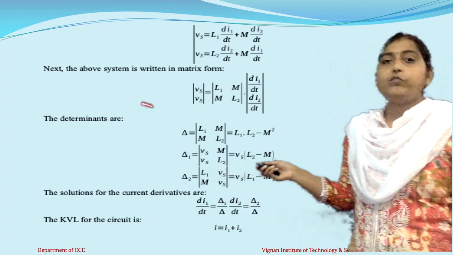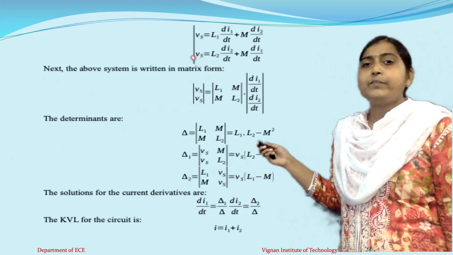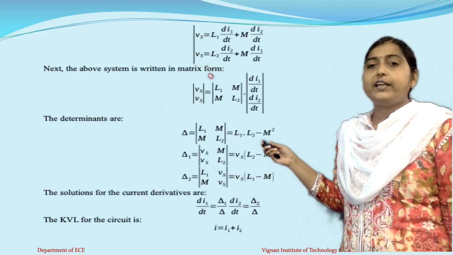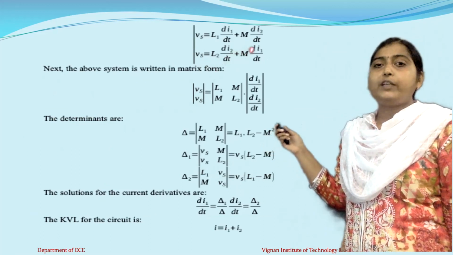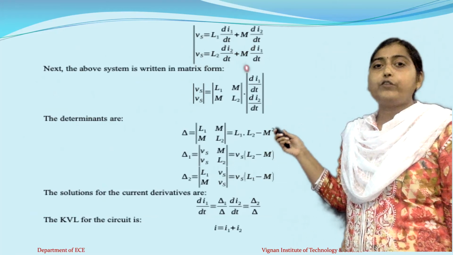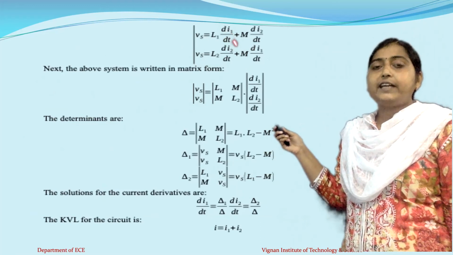We write KVL equations for the first loop and the second loop because both are connected in parallel. For the aiding combination, we take the polarity of mutual inductance as plus because for both inductors L1 and L2 the currents are entering the coils. Therefore, we take it as plus M.